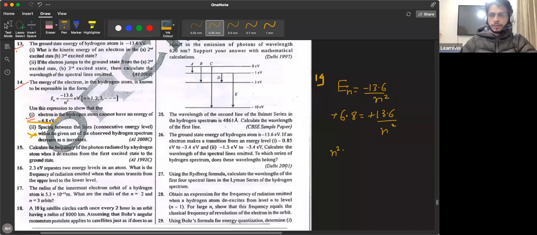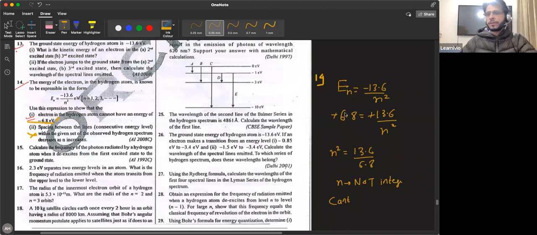You can write that n square is 13.6 by 6.8. Obviously, it's not an integer. N is not an integer, which simply means the hydrogen atom cannot have this energy.